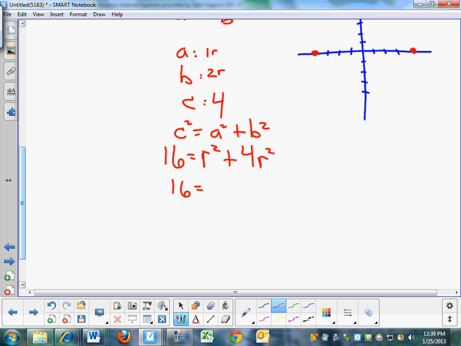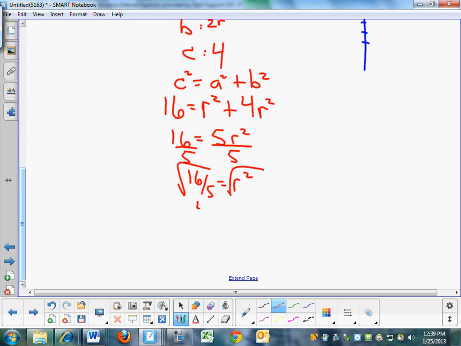So 16 is equal to 5r squared. Divide both sides by 5. 16 over 5 is equal to r squared. Now do what? Square root. Square root of the top gives me 4 over square root of 5 is equal to r. I can't leave a square root in the denominator, can I?